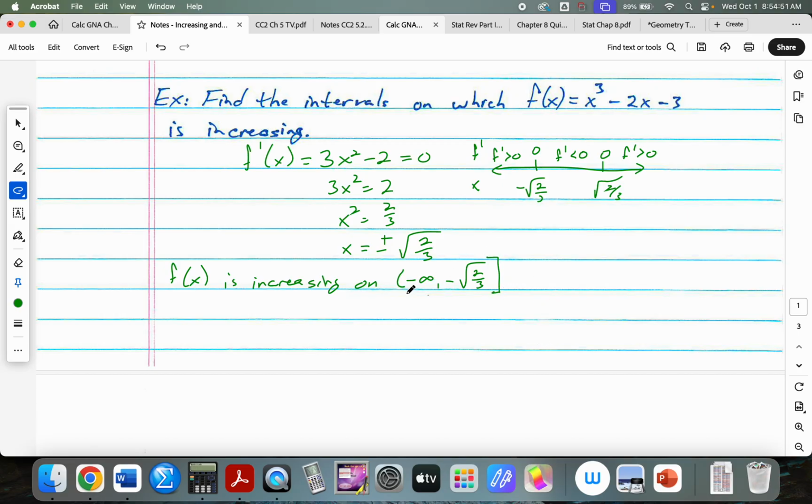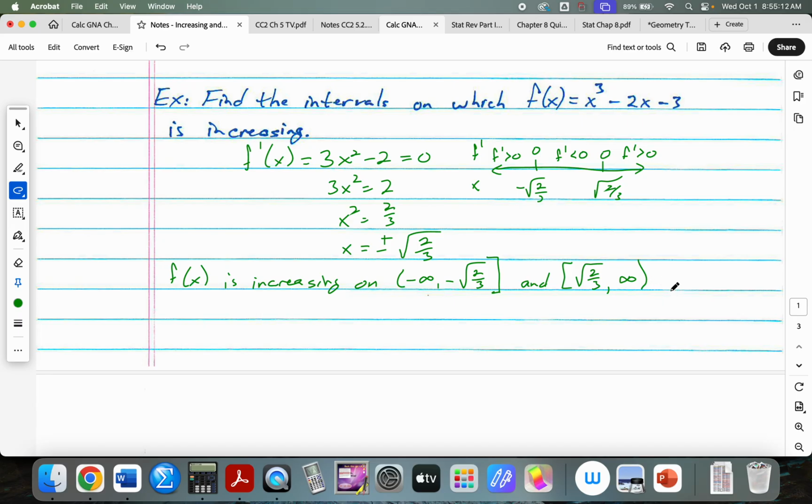The only reason it's open at negative infinity is because negative infinity is not a number, so I can't put a square bracket there. And on the closed on the left, square root of 2/3 to positive infinity.